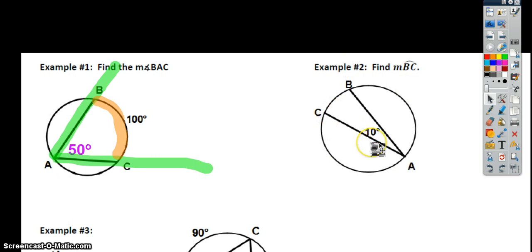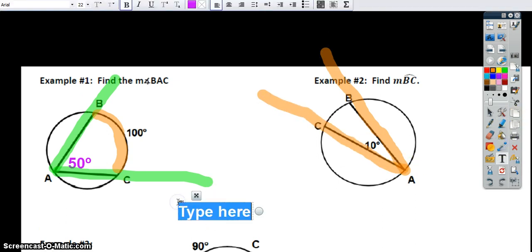Example 2. The difference here is this time they gave me the angle and they want to find the arc. So here's the angle. Here's one side of the angle. Here's the other side of the angle. And sometimes I write this on my paper when I'm doing these: angle equals 1/2 arc. That's the relationship. The angle is half the arc.